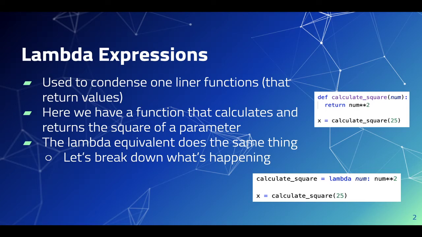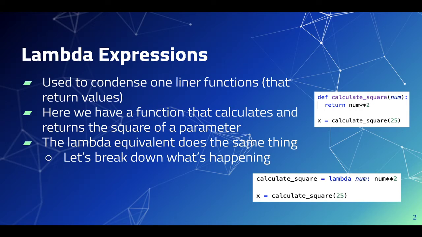But this is the syntax, so we have to say lambda. That's how you define that this is going to be a lambda function, right? And then what comes after the lambda is the input or the parameter that you would normally have. So in this case we have num, so lambda num. And then we put a colon like always. This is to tell that this is a different part of the code.